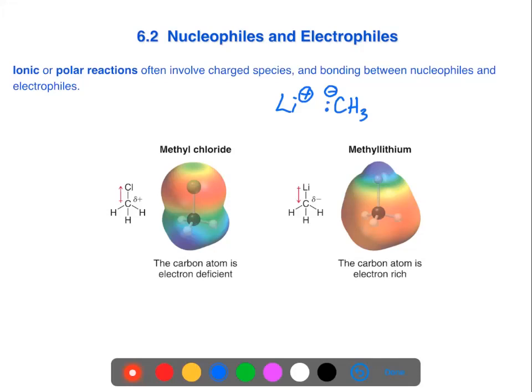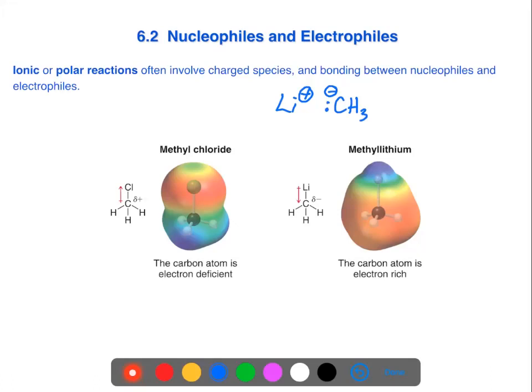But again, you'll see both descriptions used when it comes to lithium, organolithiums as they're referred to, or later on where we see magnesium forming interactions with carbon. Those are two scenarios where we have basically carbanions, and those are very nucleophilic and basic. So these provide some examples of nucleophiles and electrophiles.